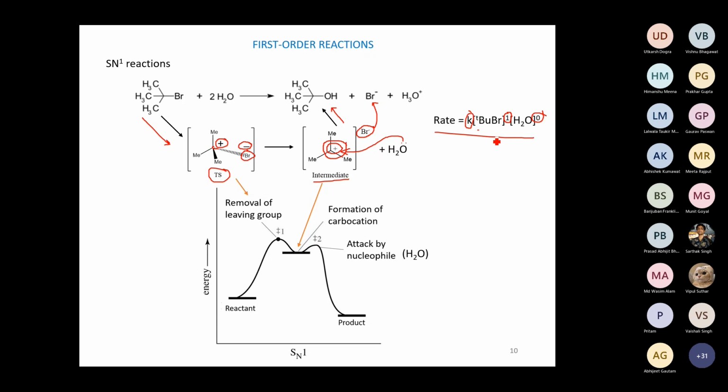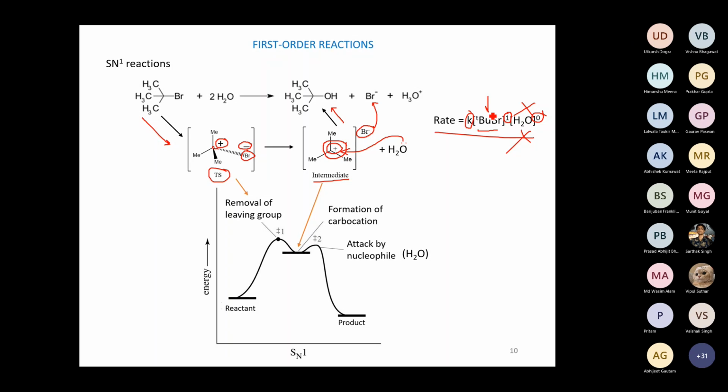That indicates that whatever the slow step, whatever the transition state associated with the rate determining step, it doesn't matter whether it is the highest energy or lower energy, as I told before. In the transition state of the rate limiting step, t-butyl bromide is involved, not water.